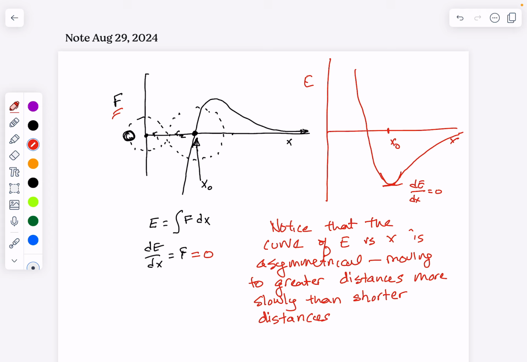So it's coming in steep, and it's moving off to the right in an asymmetrical fashion.